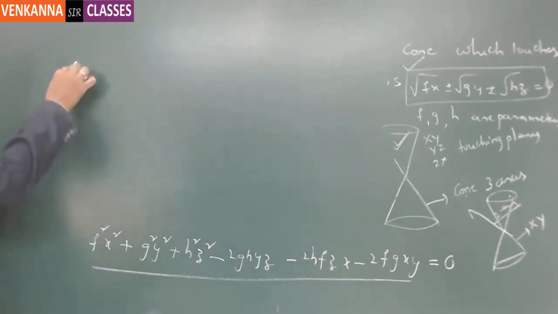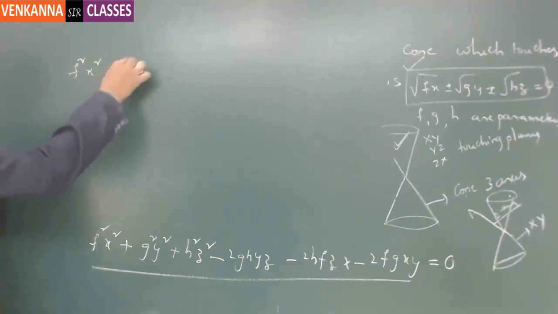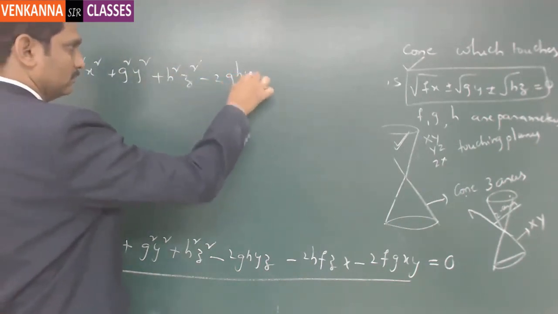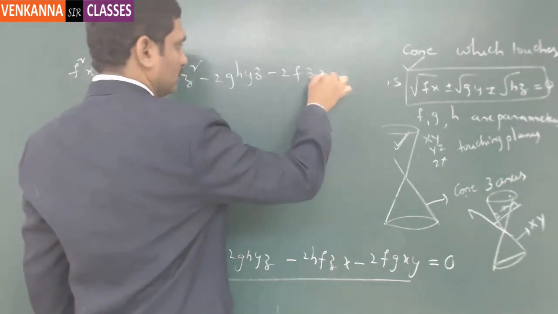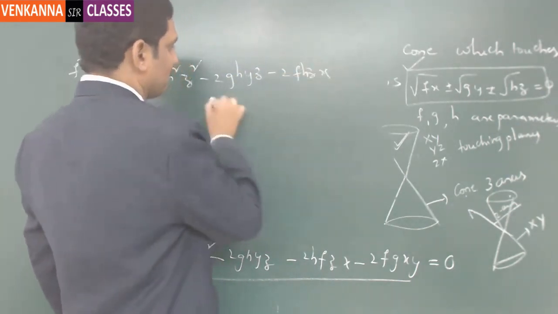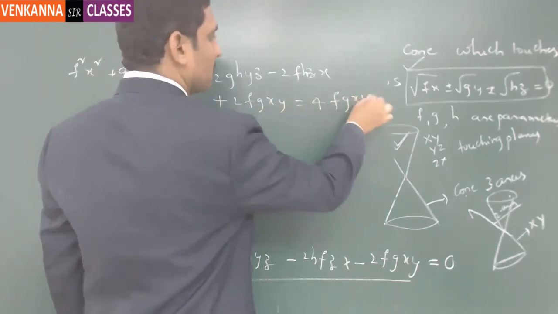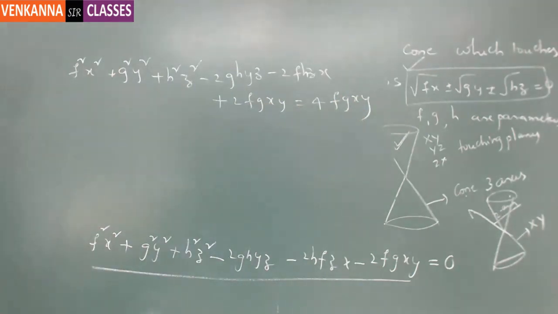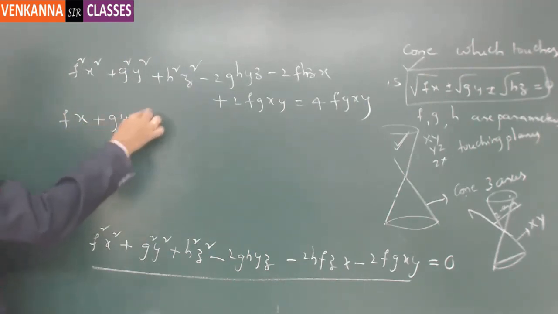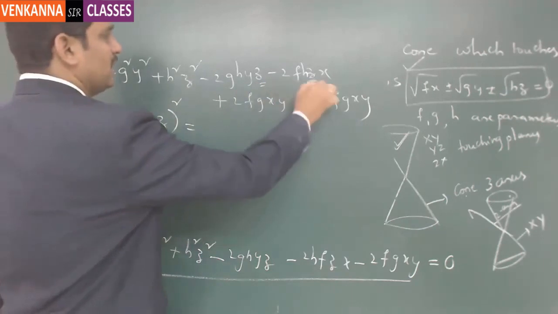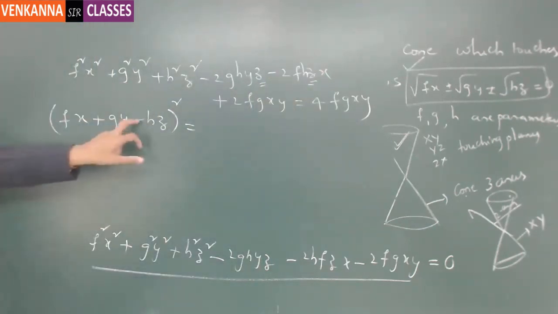So it will come as, now on the left side you can write it as fx, then minus, because whenever there is z, you are having a minus symbol. That's why I put minus here.